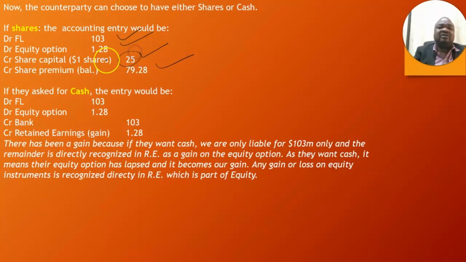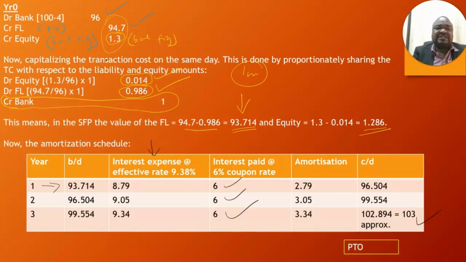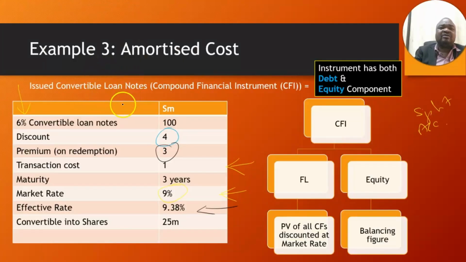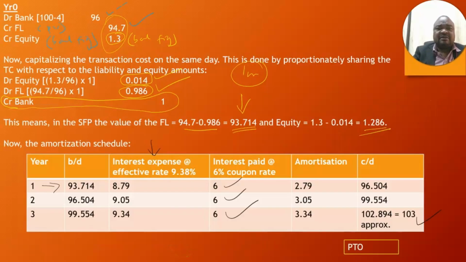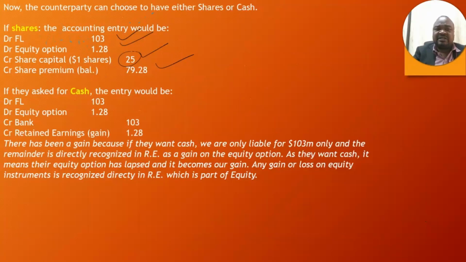Remember, why 25 million? We were told that the convertible loan notes could be converted into 25 million shares, and the nominal value of the shares is $1. So this is why we are saying they are going to be 25 million ordinary shares plus the share premium, which is the amount that is the market value of.